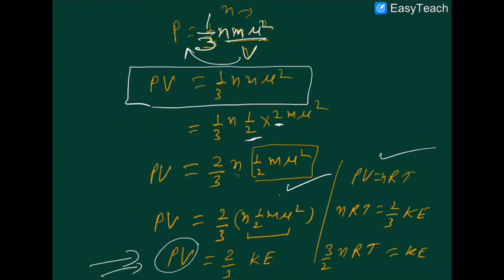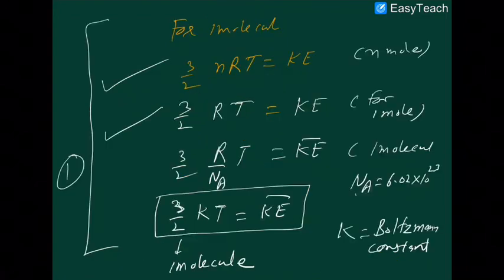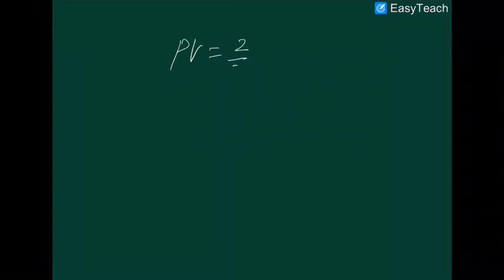Similarly, if you take PV equal to 1 by 3 mnu square, under identical conditions of temperature and pressure, what can happen? Kinetic energy depends upon temperature. I'm repeating once more. PV is equal to 2 by 3 times half nmu square.